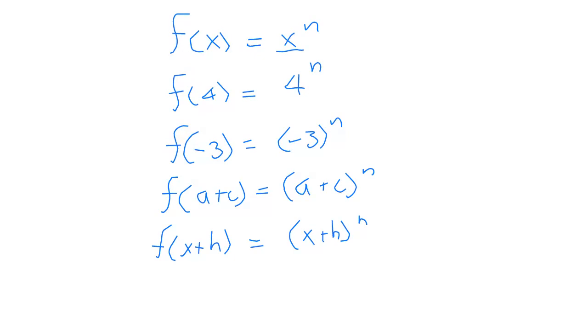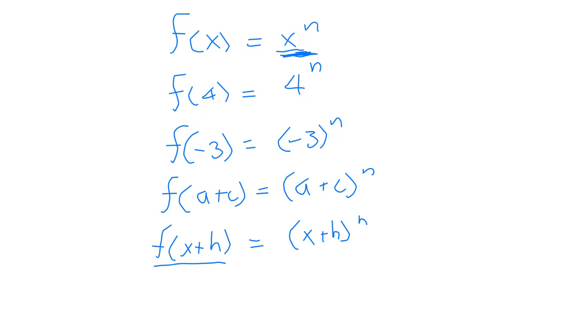What you had before was x plus h in the bracket there? Yeah. So all I do is replace the same x up here with x plus h. It's the same substitution for each of them. If you say f of 4, you put the 4 with the x's. F of negative 3, put the negative 3 with the x's. X plus h, put the x plus h with the x's. Same replacement.